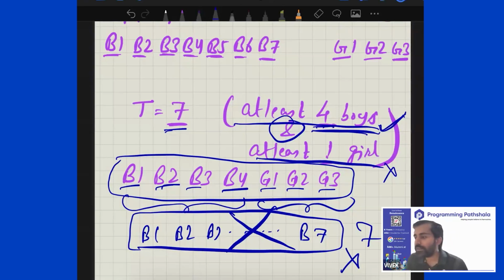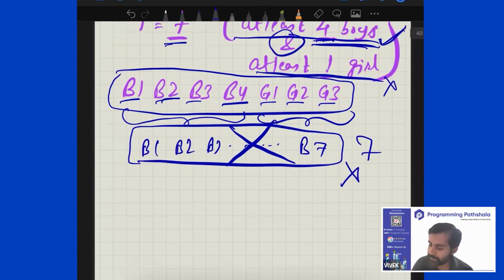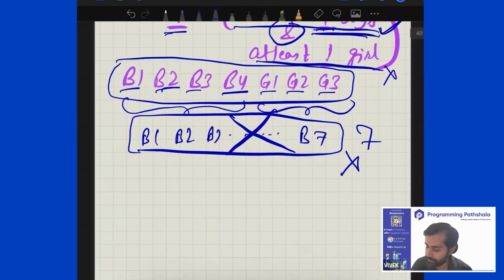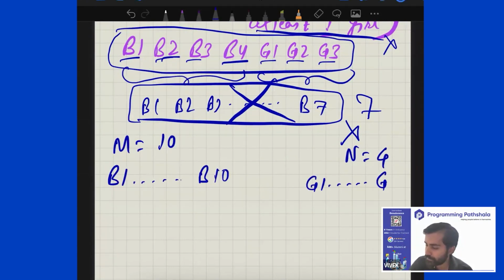Okay, so there can be multiple ways to solve this problem, you can see it in a variety of different ways. In order to take a little larger example, let's say the value of m is 10, so you have got boys B1 to B10, and the number of girls is, let's say, 4, so you have got girls G1 to G4, and you have to create a team of size 7.